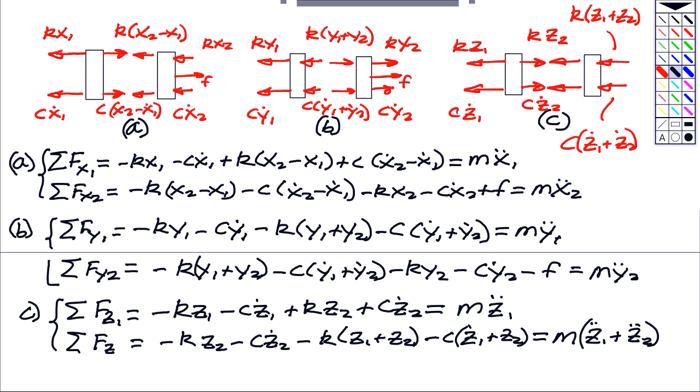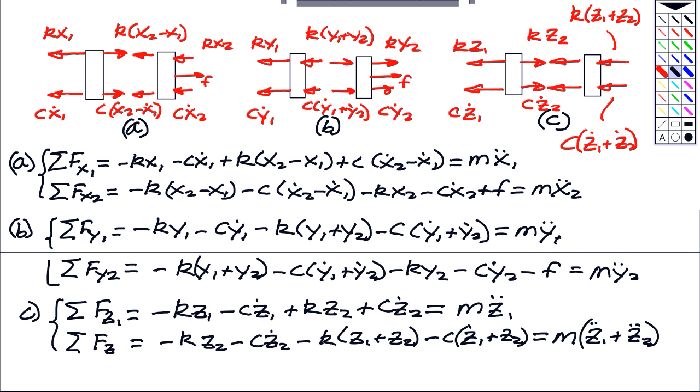So that's the difference among those three different possibilities. It's to your advantage to write down what the mass matrix, the damping matrix, and stiffness matrix is for each case. And you will find that for A and B coordinates, those matrices will be symmetrical. It turns out, for the case C, the matrices are not symmetrical.